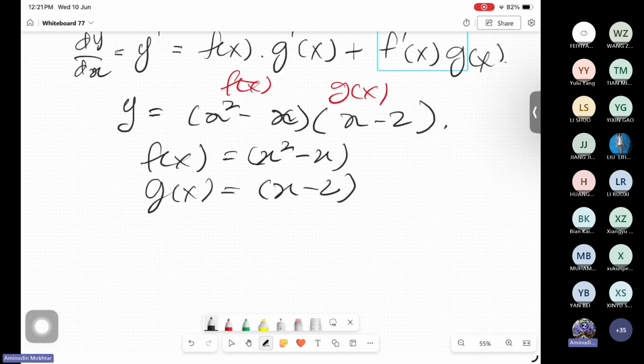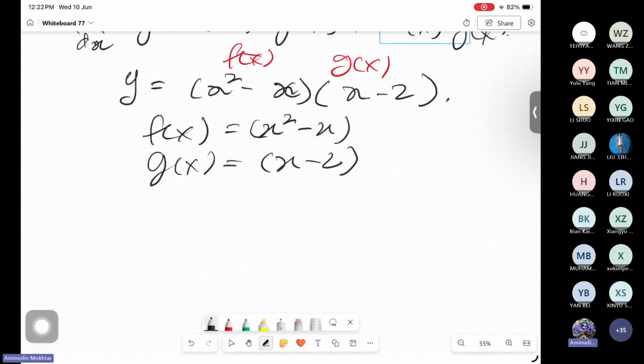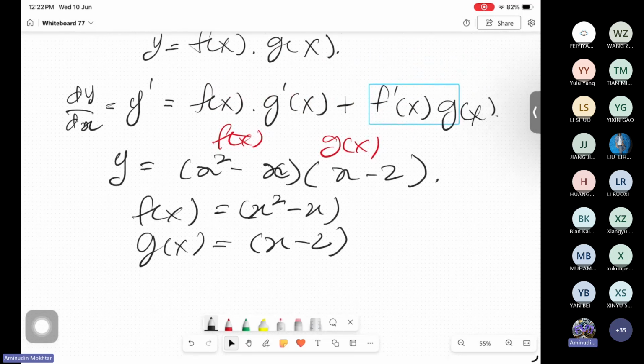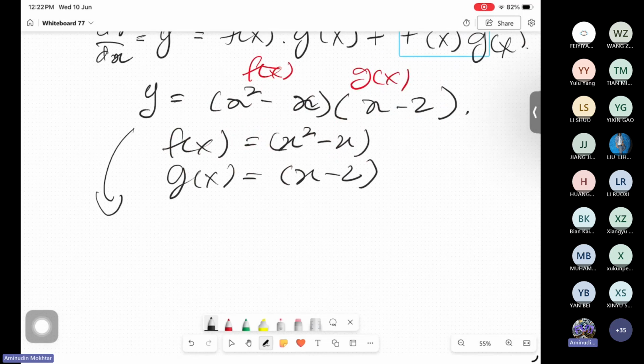In this case, we need to find the first derivative of y.